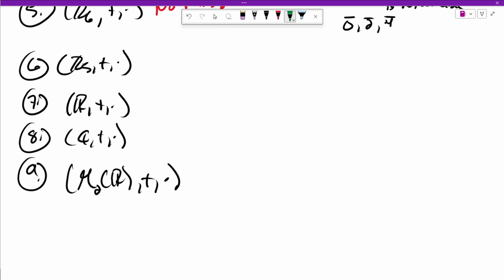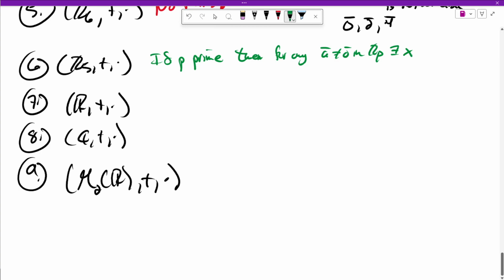Is Z5 with plus and dot a field? Well, again, with these Z mod m's, you already proved that arithmetic holds. So the only question with these is, can you divide? 5 actually is prime, and you proved that if p is prime, then for any a not 0 in Z mod p, there exists an x in Z mod p such that a times x is 1.